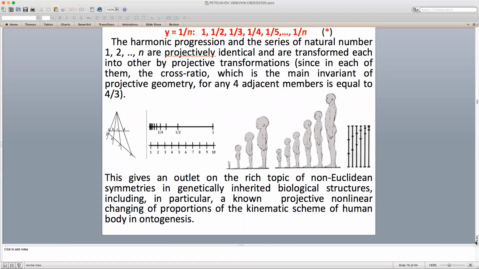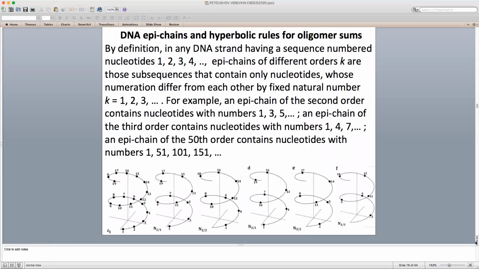This gives an outlet on the rich topic of non-Euclidean symmetries in genetically inherited biological structures, including in particular a known projective nonlinear changing of proportions of the kinematic scheme of the human body in ontogenesis.